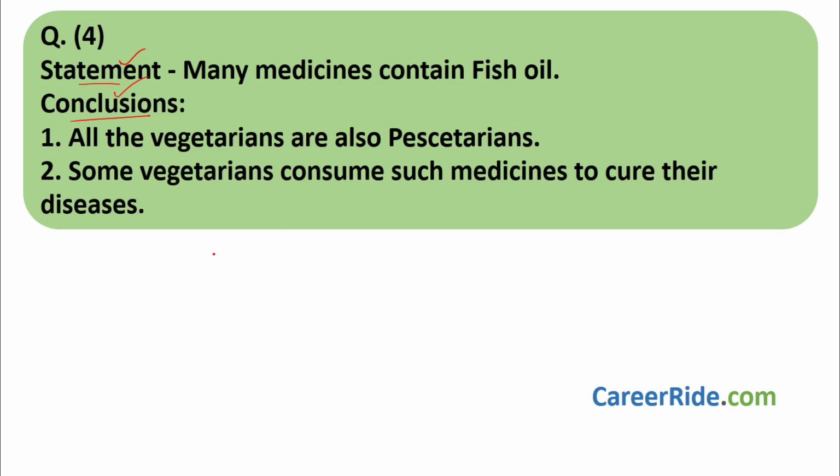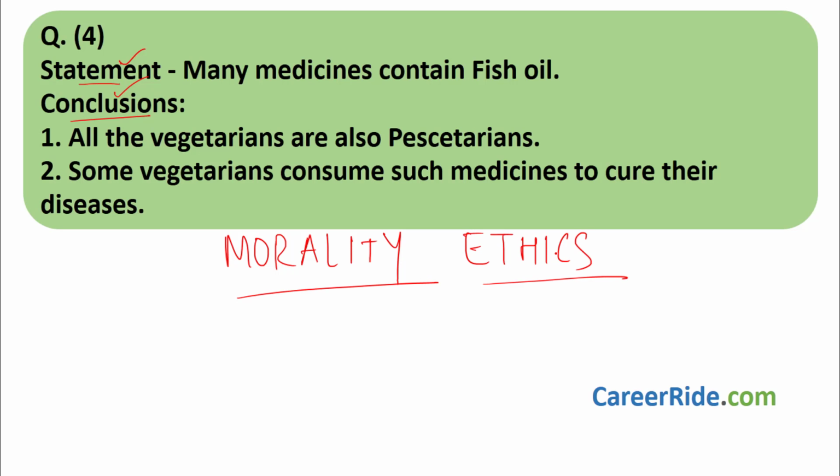First of all, we should never go by common sense or even morality and ethics. Don't consider morality and ethics over here, or sympathy and empathy and all those things. Over here everything has to be based on the given statement only.